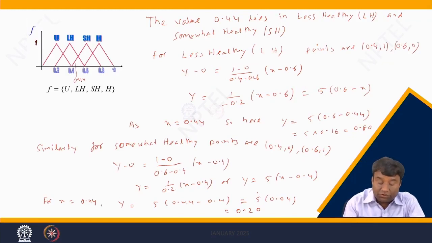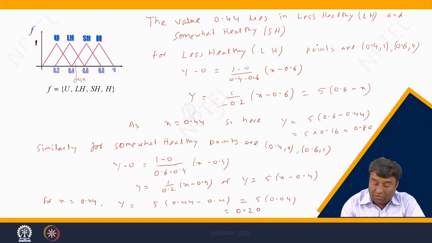The value 0.44 here lies in the region of less healthy and somewhat healthy. For less healthy, points are 0.4 and 0.6. If I find the equation of this line, y minus 0 equals 1 minus 0 over 0.4 minus 0.6, times x minus 0.6.